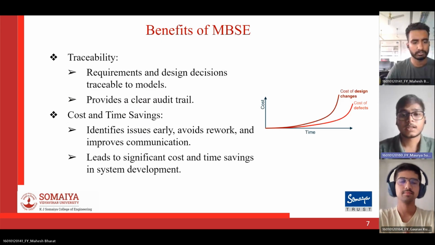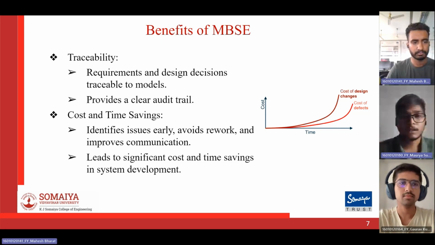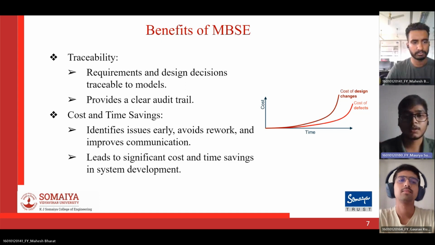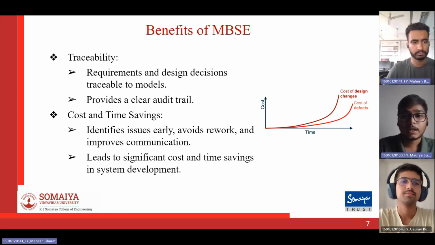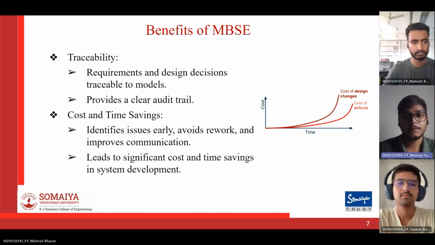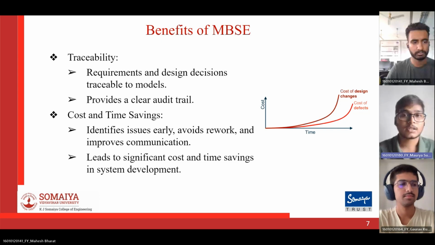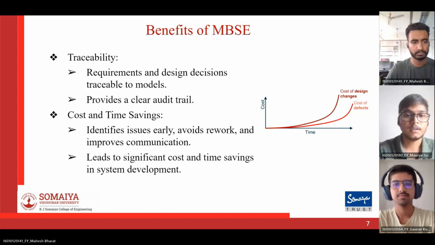Traceability is another aspect of MBSE. It ensures that the requirements and design decisions can be traced back to the models, providing a clear audit trail. This traceability is essential in software architecture, where it helps maintain the integrity of the design and ensures that the changes are well documented.